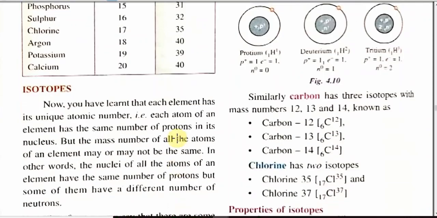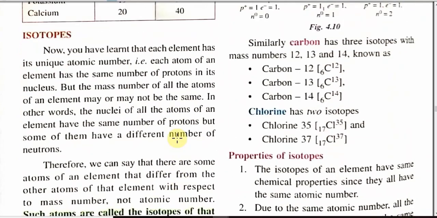Now, students, we have seen the concept of electron, proton and neutron. Let us see the concept of isotope. Now, what is an isotope? We have seen that the atomic number of one element is fixed. It means one element will have only one atomic number.